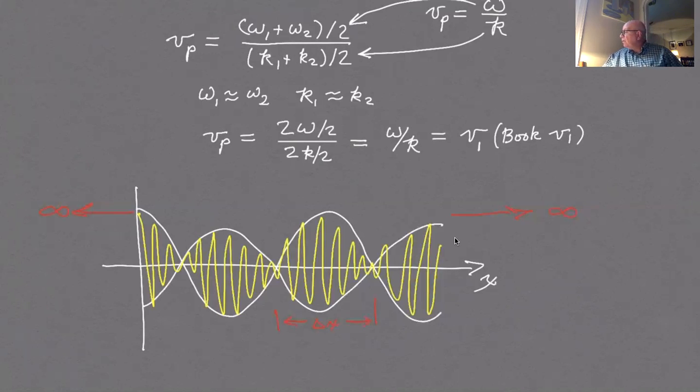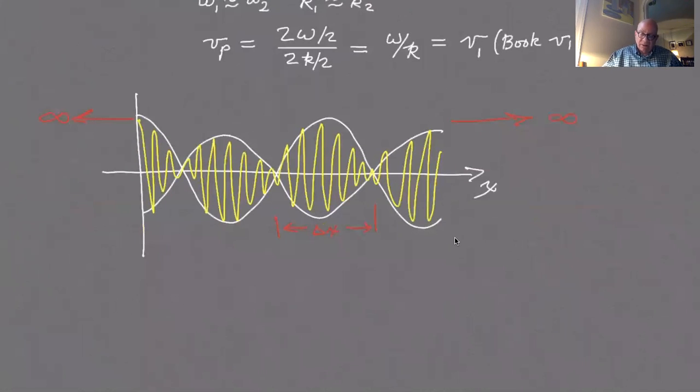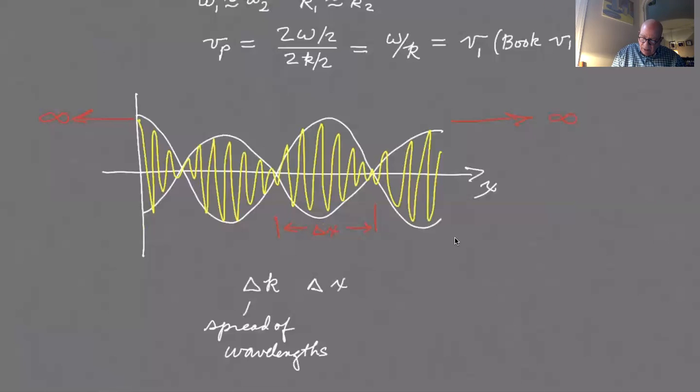And as it turns out, and Cameron might be the one who might be familiar with this the most, there's a relationship between the spread, so to speak, the spread of wavelengths, and the spatial spread of the resulting wave.